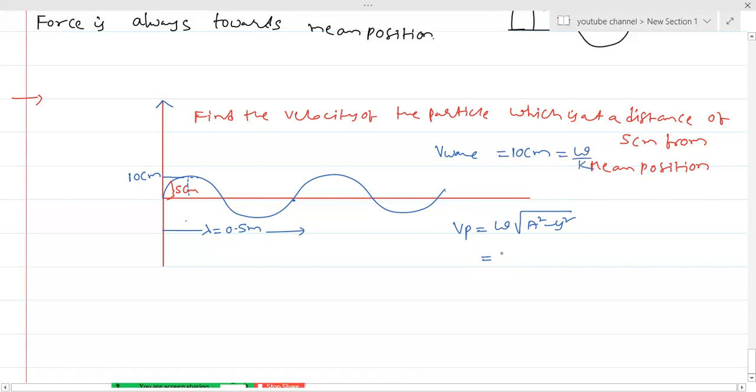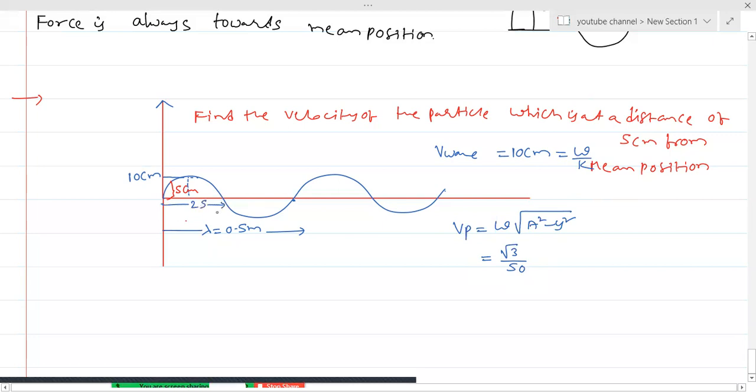By substituting here, we will get root 3 by 50 centimeters. First we need to locate the 10 centimeters. Because lambda is equivalent to 0.5 meters, from here to here is 25 centimeters.